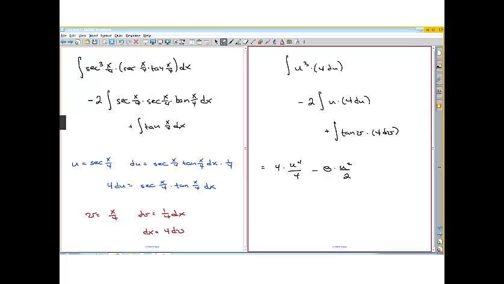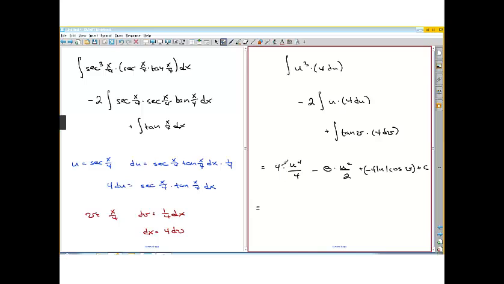And then the integral of u du is u squared over 2. And then the final integral, the integral of the tangent, if we go to page 383, is negative the natural log of the absolute value, the cosine of v in this case, all plus arbitrary constant c. Oh, I forgot the 4. So we've got -4. So the 4 comes out. You get a negative sign when you integrate the tangent of u.